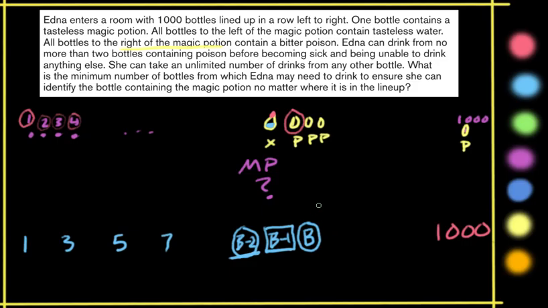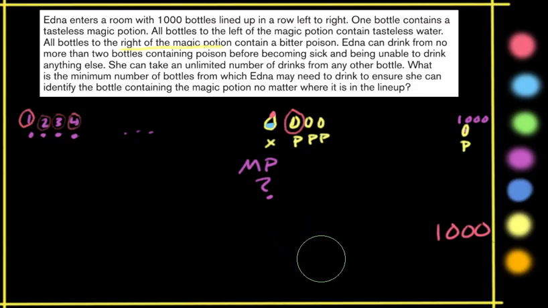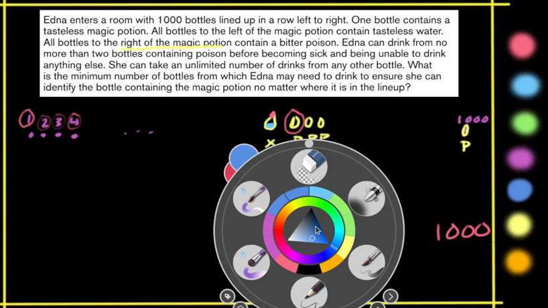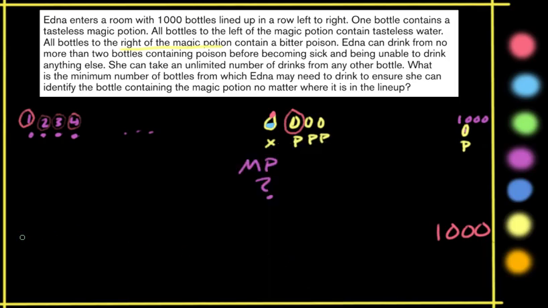Instead of going by the odds, she now decides she's going to skip 10 every time. So she starts at 1, then she goes to 11, then 21, then 31 and 41, and at some point she gets bitter. And what does she do once she tastes this bitter one? Let's just give an example. Let's say the 51 was the bitter one.